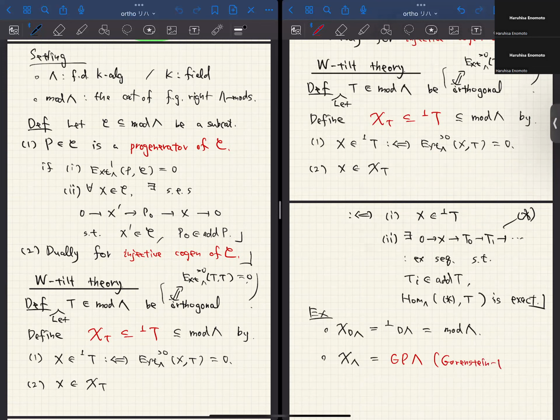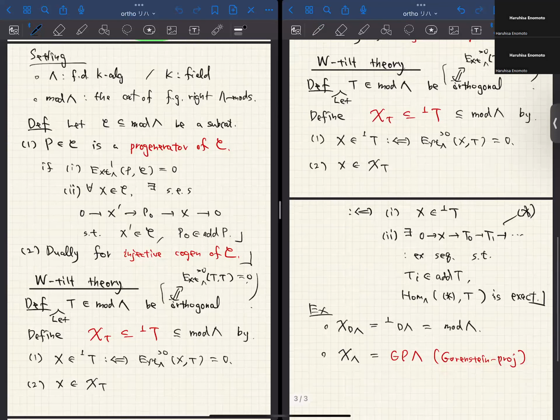And I want to explain details about Gorenstein projective modules, and maybe this will be the main topic of Bruno Marcinczik's talk. So this category naturally arises in the study of Gorenstein projective modules, and this category can be a generalization of the study of this category.